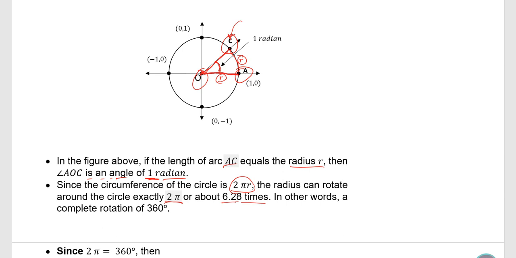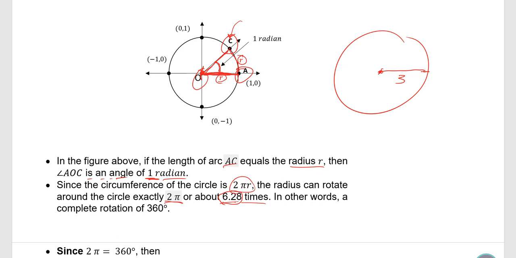Meaning if you want to take this radius and make the circle by putting the length of the radius back to back as an arc multiple times, it would take you 6.28 times the value of the radius to get the circle. So I have this circle, for example, of radius 3, whatever, centimeters, inches, whatever.